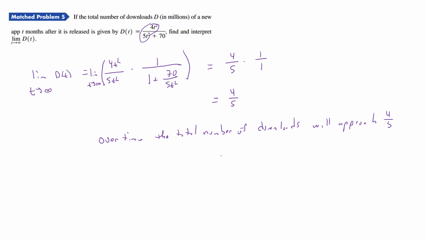And what are our units? Millions. So it's going to approach 4/5 million, or 0.8 million downloads, as t approaches infinity. So that's going to be our interpretation of that problem.